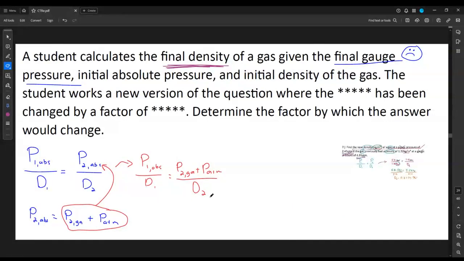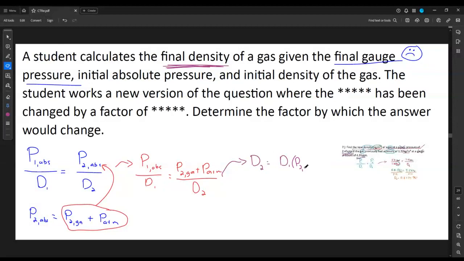So because of D being in kind of an inconvenient place, we really do need to go through the whole process, cross multiply and divide. If you do that properly, then you're going to get that the new density D2 is equal to the old density D1 multiplied by this combination pressure that again adds up to make absolute.